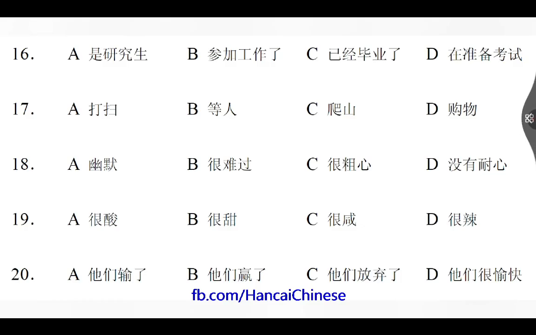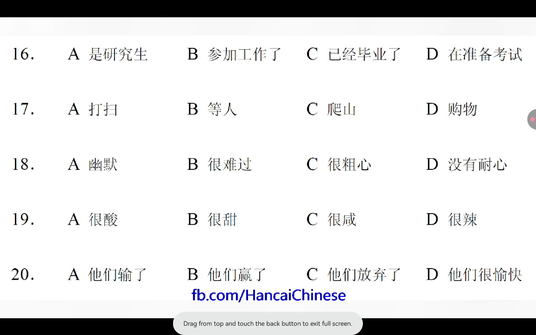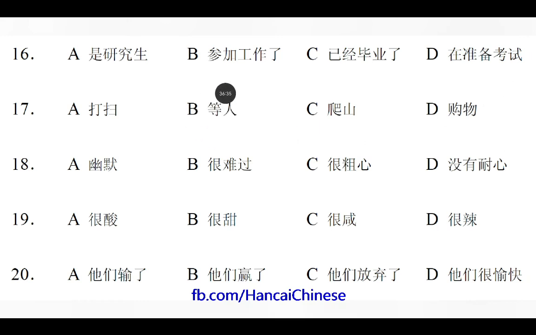Some of you heard in the audio 等等我啊, I want you to please wait for me. Some of you selected this as the correct answer. No, no, no, this is not the correct answer. The question says, what are they most likely doing?